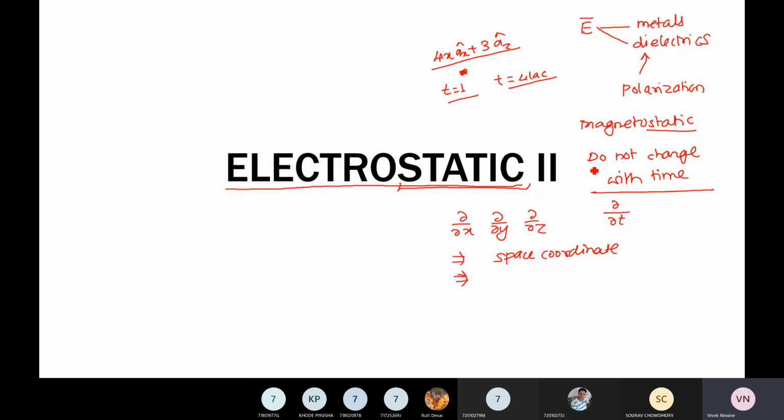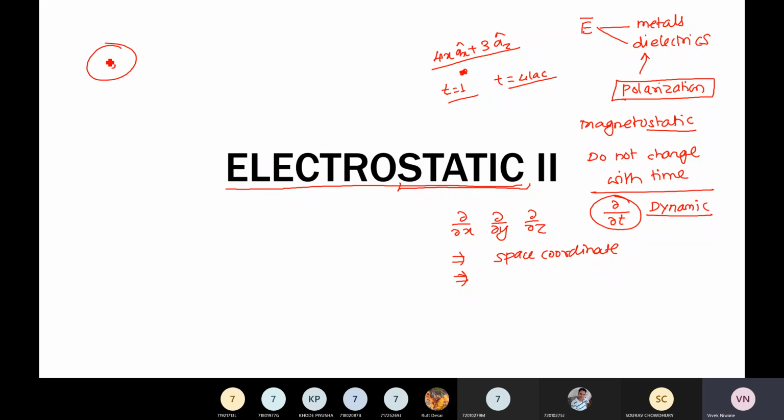Whenever we say that the fields are changing with respect to time, then those are no more static, but become dynamic. We are also going to see the behavior of dynamic fields in dielectric materials, but right now we are looking at static electric fields, and we have observed the concept of polarization. What happens in polarization?